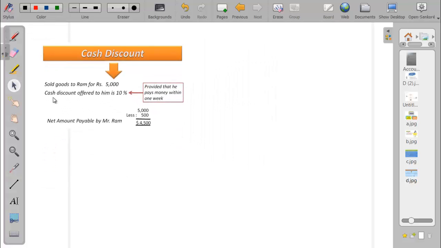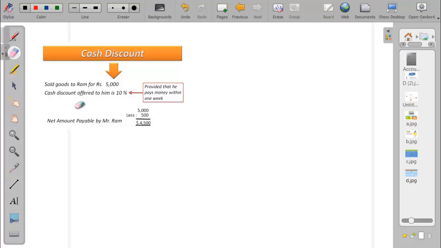Now see, sold goods to Ram for dollar. This is rupees actually, but you assume that it is dollar. Sold goods to Ram. Now you first tell me, is it cash sale or credit sale? How come?